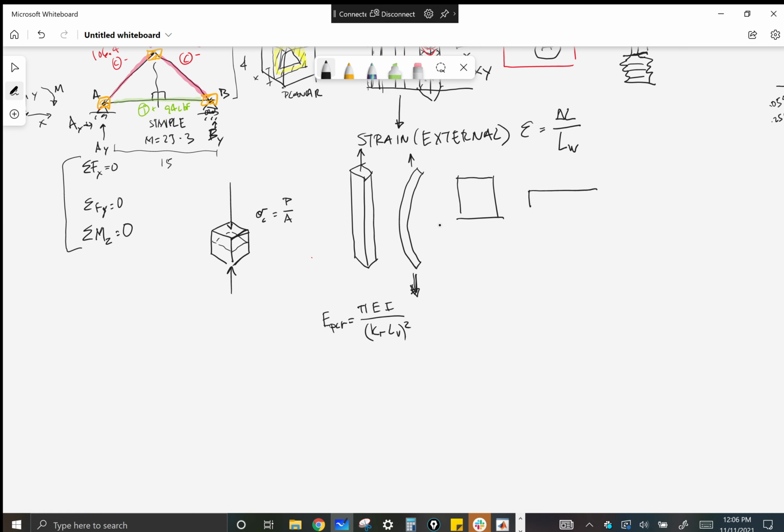So we're saying that if you have these two columns in cross section, this one is going to have the same moment of inertia at both these axes, whereas this one's going to have a big moment of inertia around this one and a small one around this one. And so it's going to fail based on the small one. You're going to waste a bunch of material, because this column is basically this column. All that material outside of that is wasted.